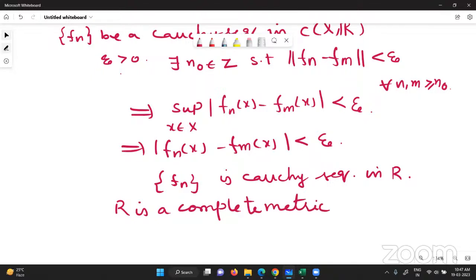This comes in real analysis also, that's why I have decided to teach this also. R is a complete metric space, which means the sequence Fn(x) is convergent. So every Cauchy sequence is convergent, which means it is a complete metric space.